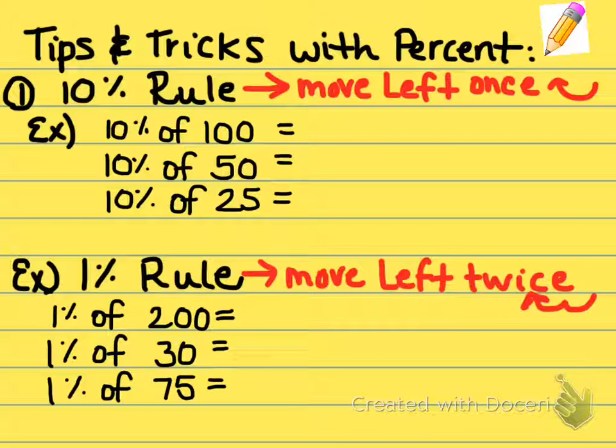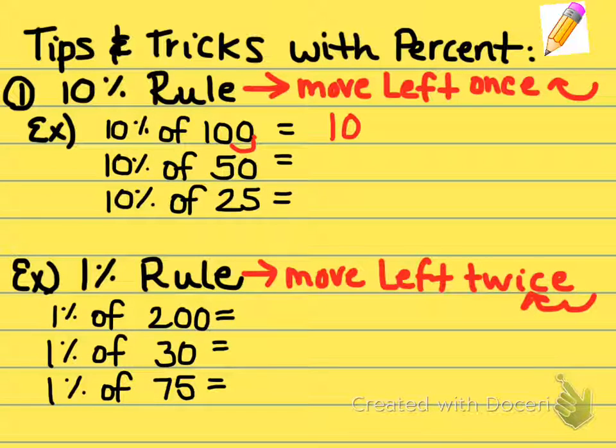All right, let me change colors here. 10% of 100. So there's always a decimal after the whole number, and we are going to move the decimal to the left one time. So 10% of 100 is 10.